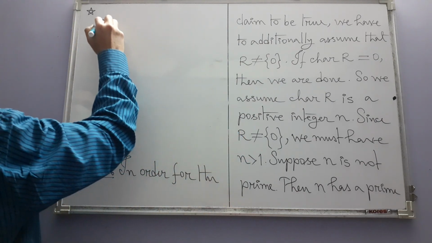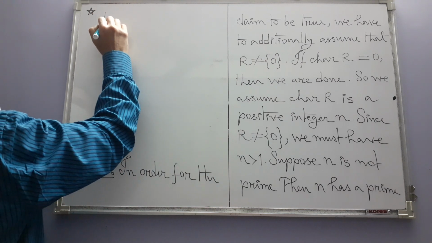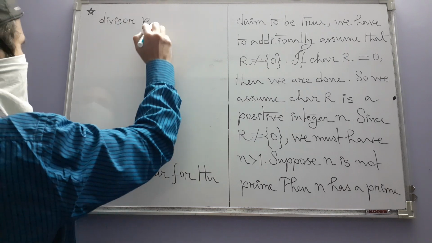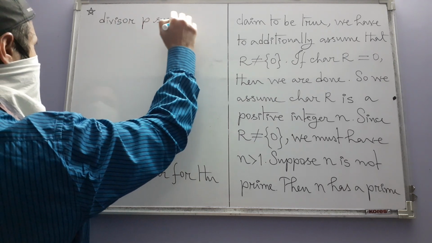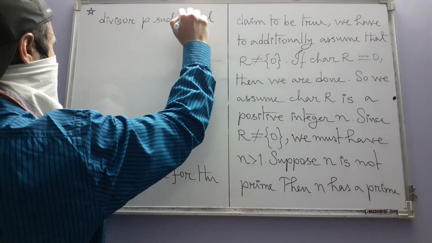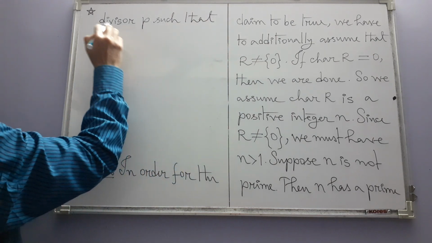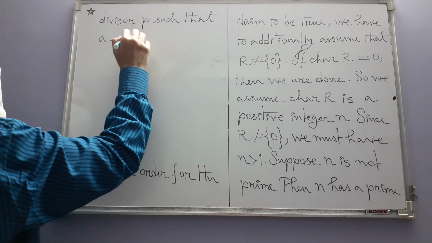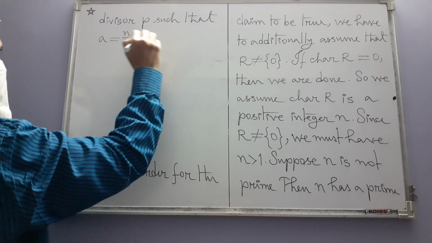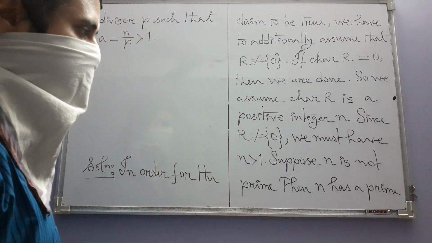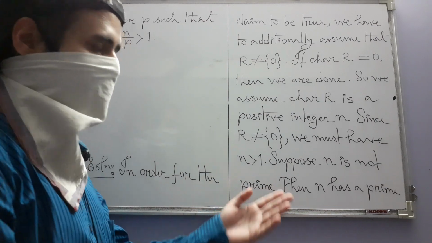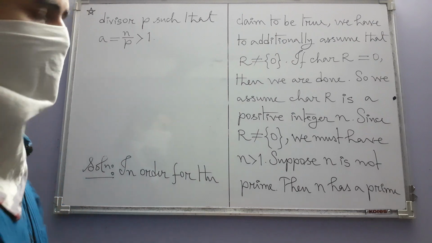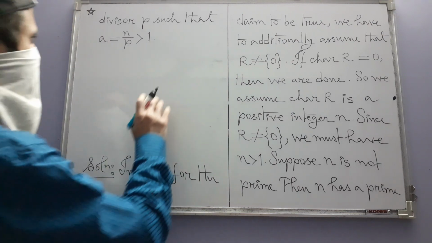So n has a prime divisor p such that this integer a, which is n divided by p, is greater than 1. That is because n is strictly greater than p. n is not equal to p. n is not a prime. Okay.